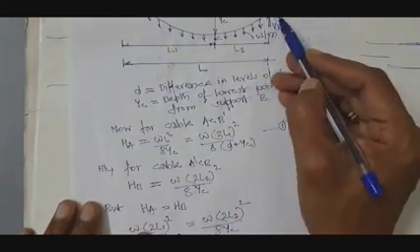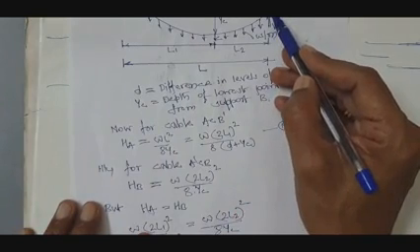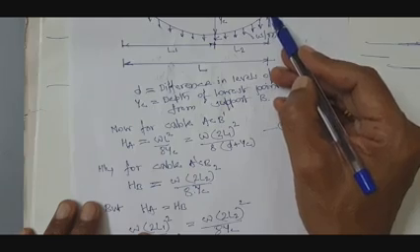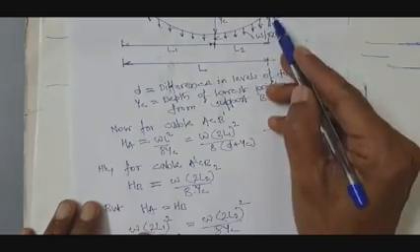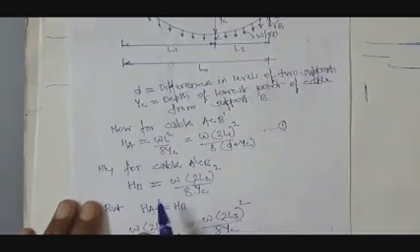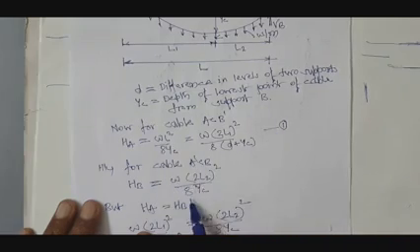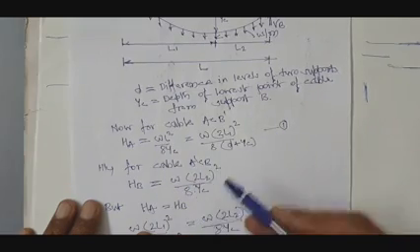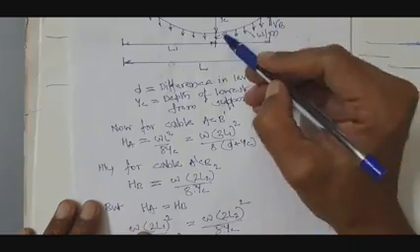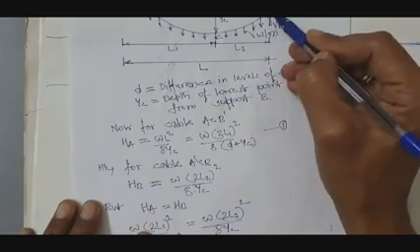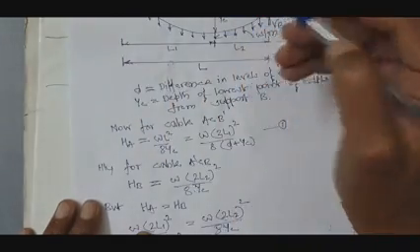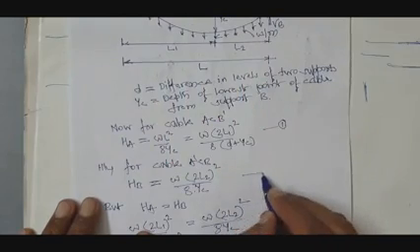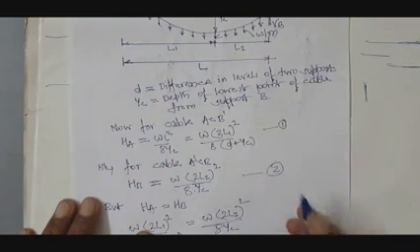So if you calculate HB with respect to B as origin, the span is 2L2. So HB equals W into (2L2) square by 8 YC. What is YC now? The dip of the cable with respect to support B. With respect to this it is YC, and with respect to the other support it is YC plus D. So you can call this equation 2.